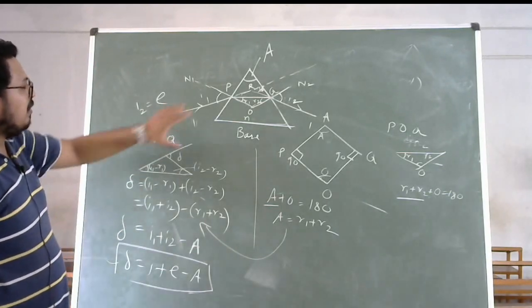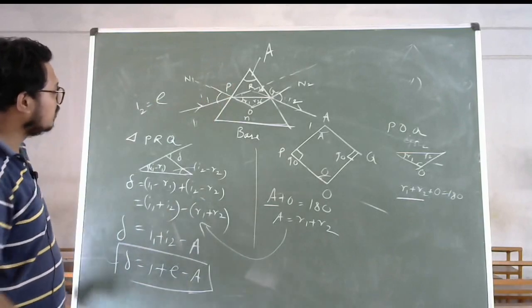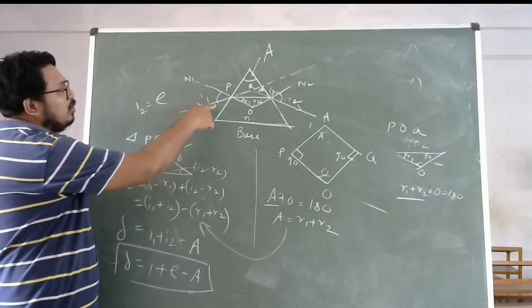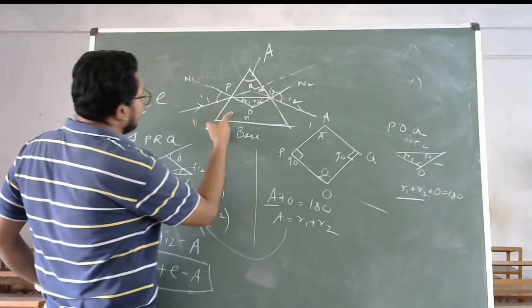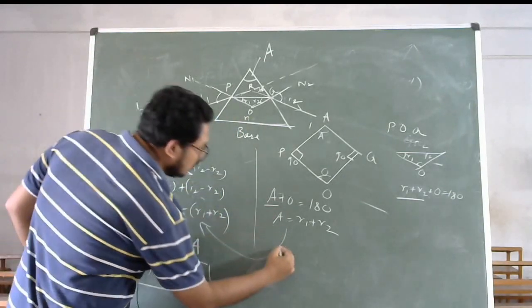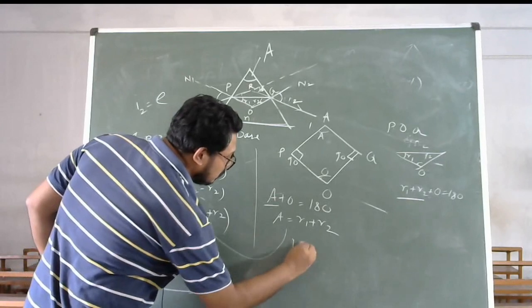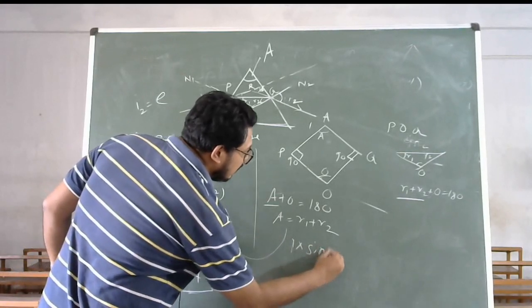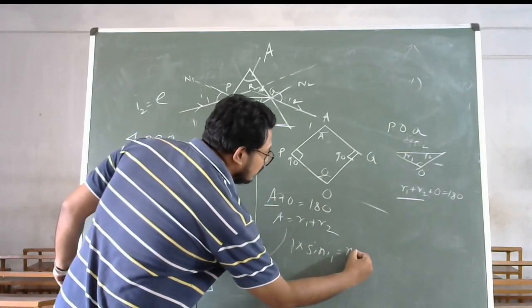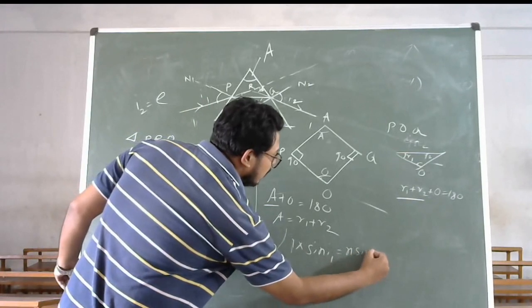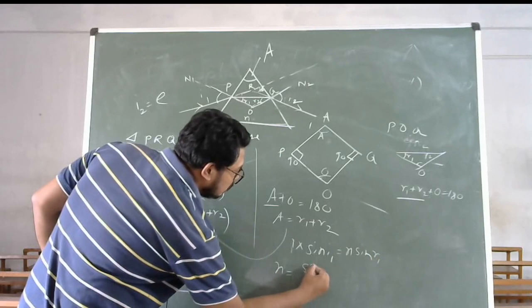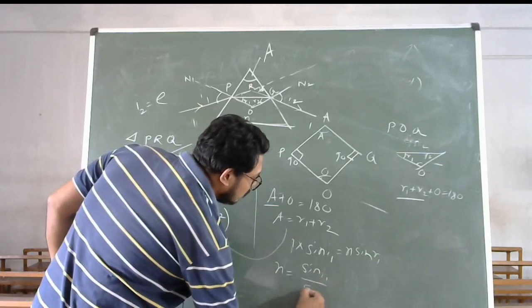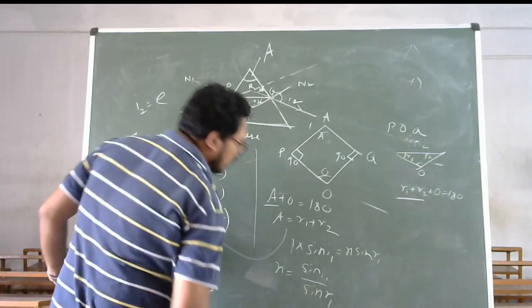Now, if you are going to use Snell's law, what can you write? 1 into sin I1 equal to n into sin R1. So from here, what is your n value? n equals sin I1 by sin R1.